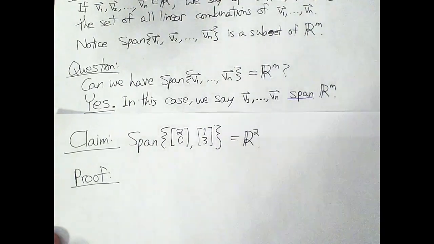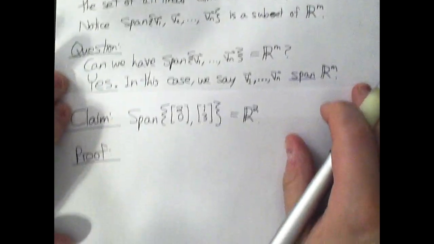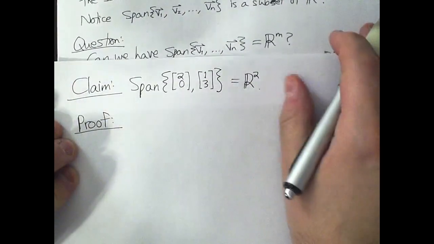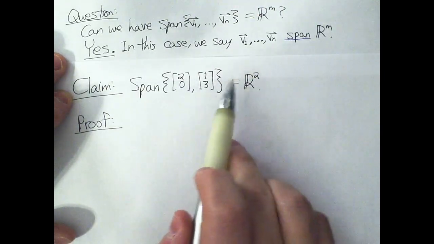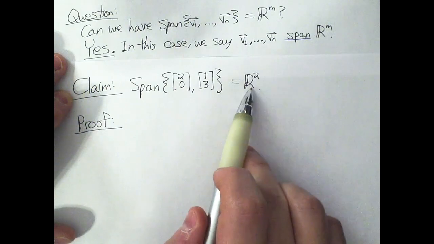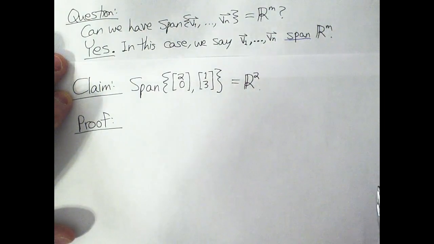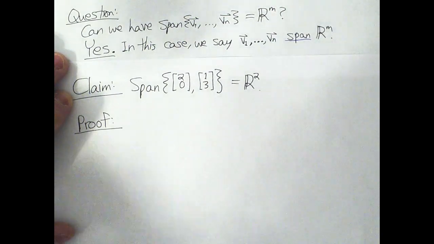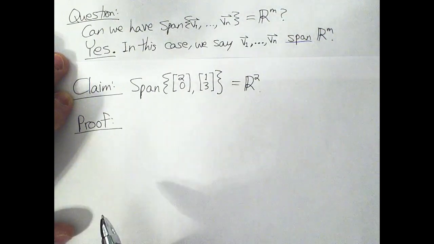Now, to prove that, the left-hand side is a set of all vectors of this property. The right-hand side is also a set. It's a set of all vectors that have two entries. So how do you prove that two sets are equal to each other? You've done this before in the previous class. You need to show that the left-hand set is a subset of the right one, and the right-hand set is a subset of the left one. You need to show both directions. A lot of times one of the directions is easier than the other, or sometimes just follows from definitions.